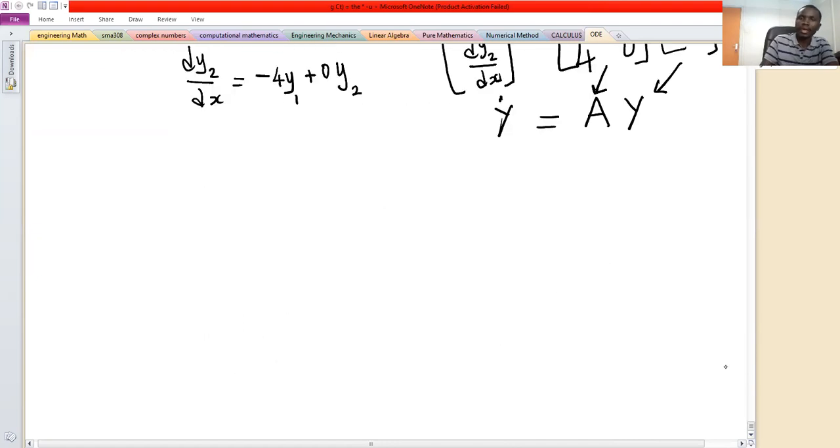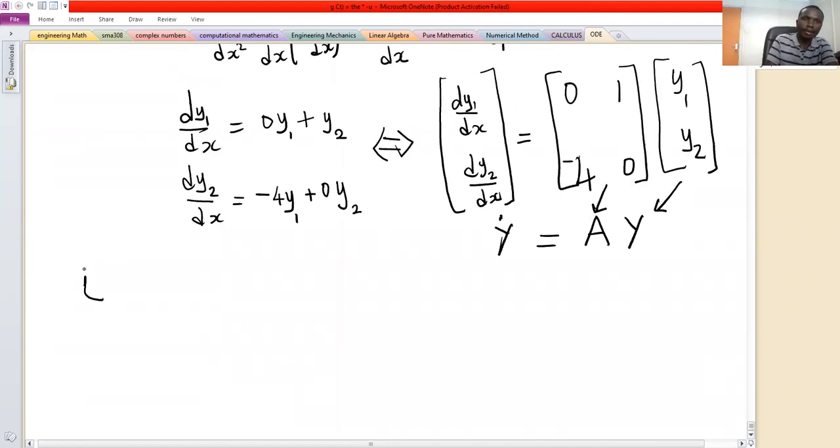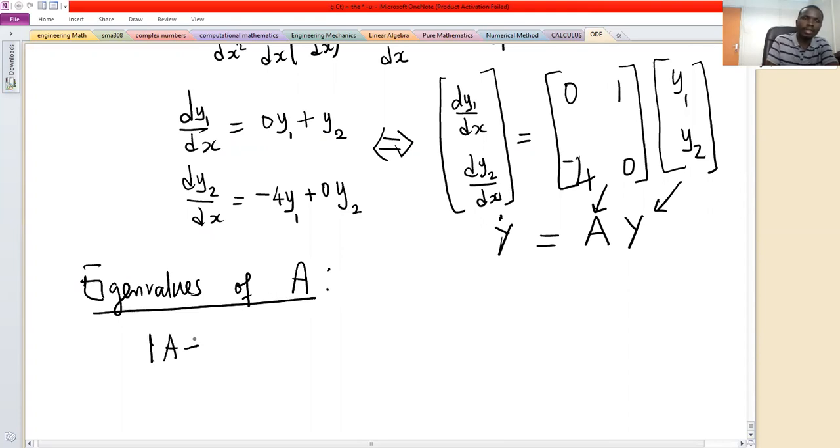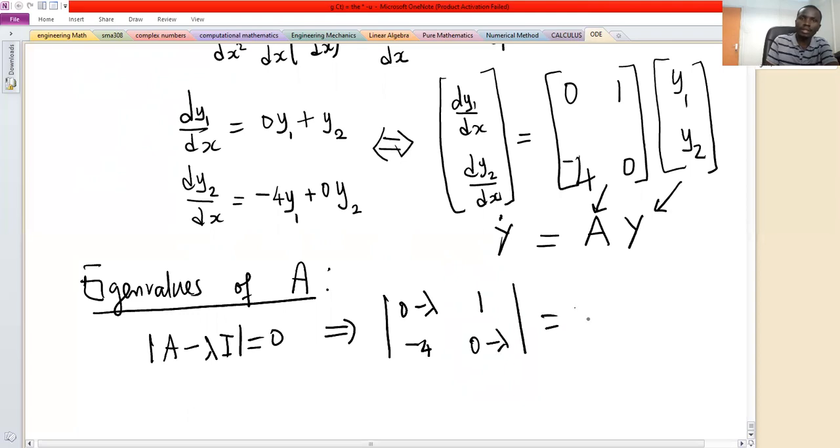So the next, we get now the eigenvalues of A, and eigenvalues of A are obtained by solving the equation determinant of A minus lambda I equals to 0, which implies determinant of 0 minus lambda, 1, minus 4, 0 minus lambda should give us 0.